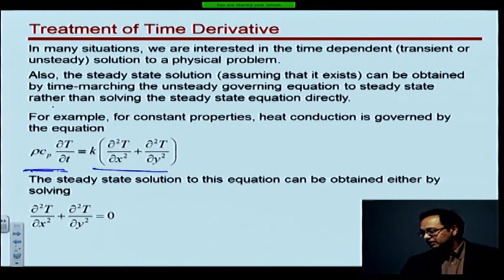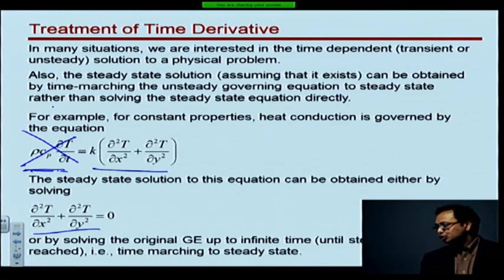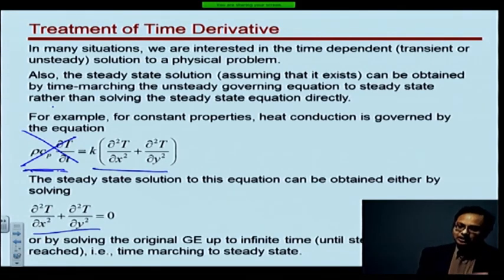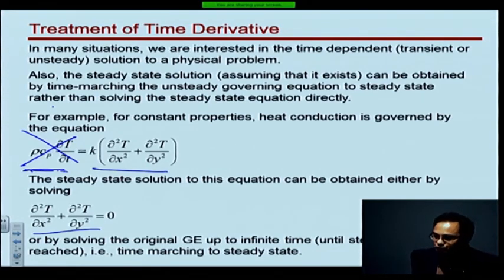One is to simply say, steady state means that term is equal to 0, so I'm going to solve just the steady state equation. Another approach would be to time march this equation such that you go to time t equal to t infinity, or very large time, and you get the steady state solution. Both are valid approaches and both are used extensively in numerical computations.